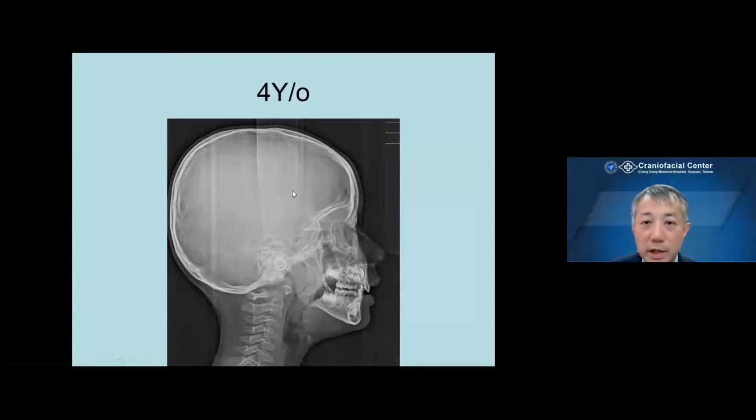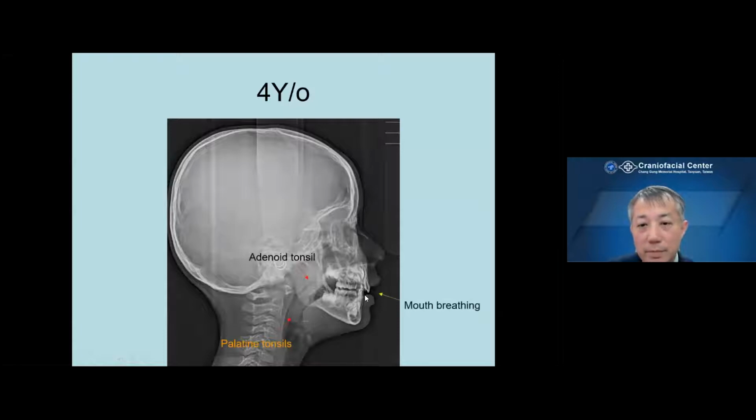At 4 years old, we can see this boy has developed a bigger overjet and overbite, and here the tonsil is so huge it almost completely blocks the oropharynx. And here you can see the nasopharynx and velopharynx completely closed. At this moment, the only thing he can do is to breathe through the mouth continuously.